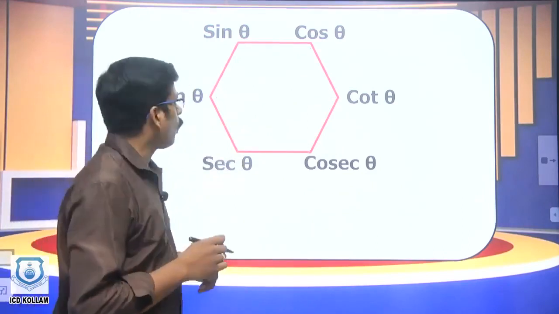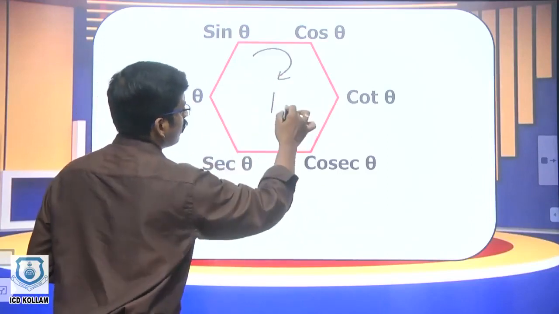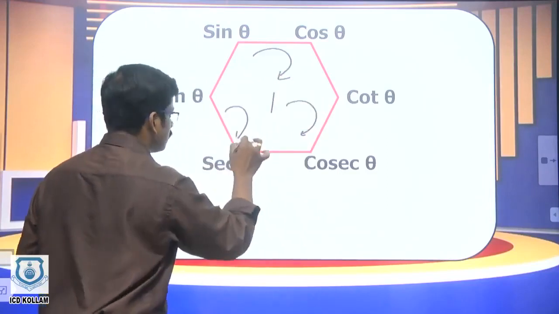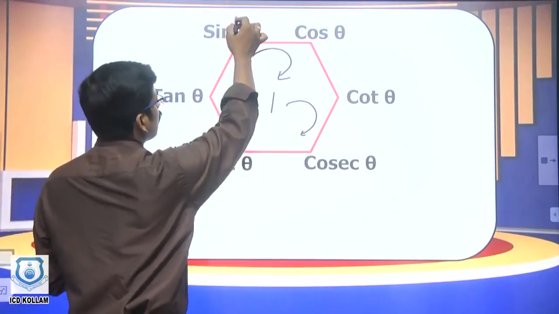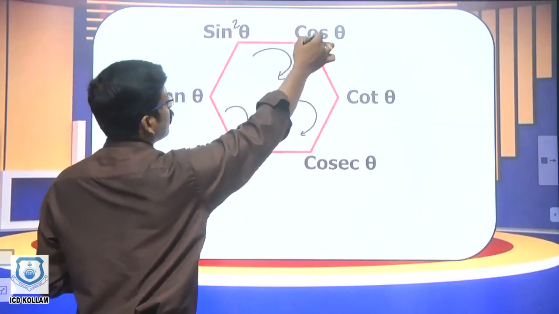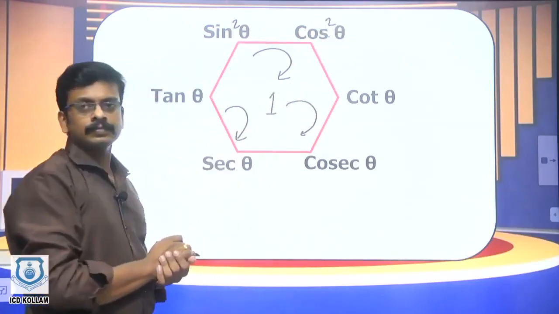Now I explain one more importance of this 1 here. I am writing 3 special figures. You know the square relation, sine square theta plus cos square theta equal to this 1.